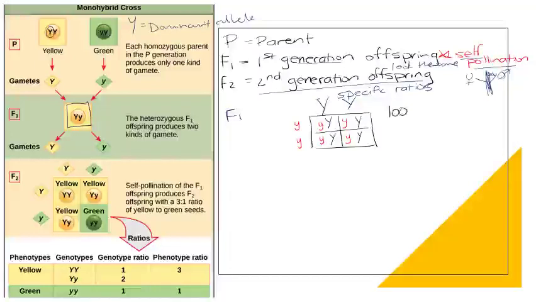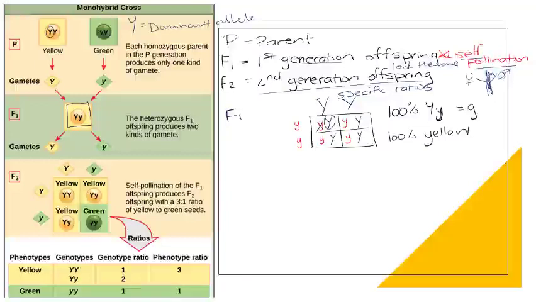So our genotype is 100% Y, little y. Let's make it a little y so you can see it. And our phenotype is 100% yellow because the dominant masks that recessive, right? So we're just going to have 100% yellow.